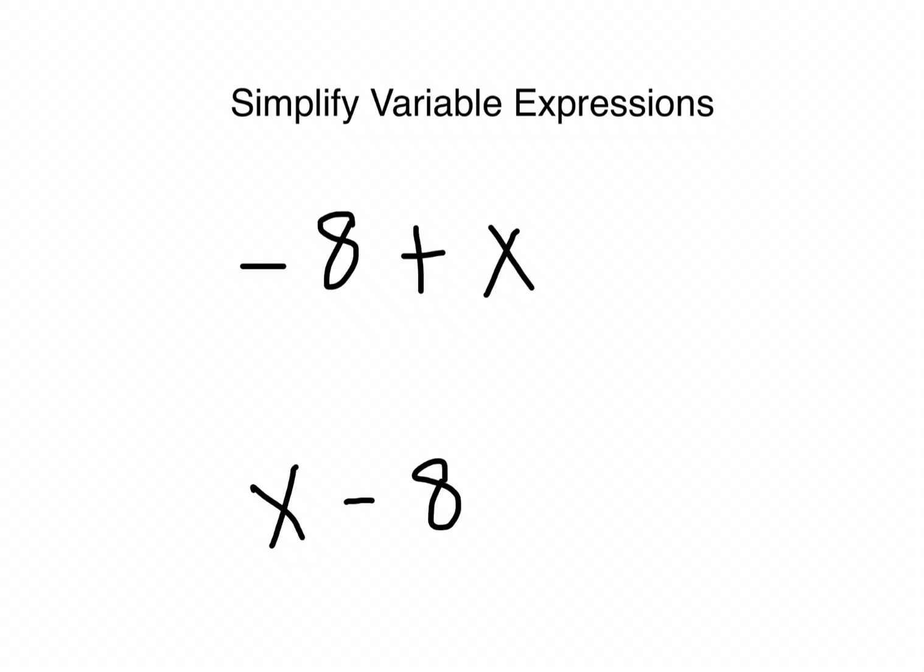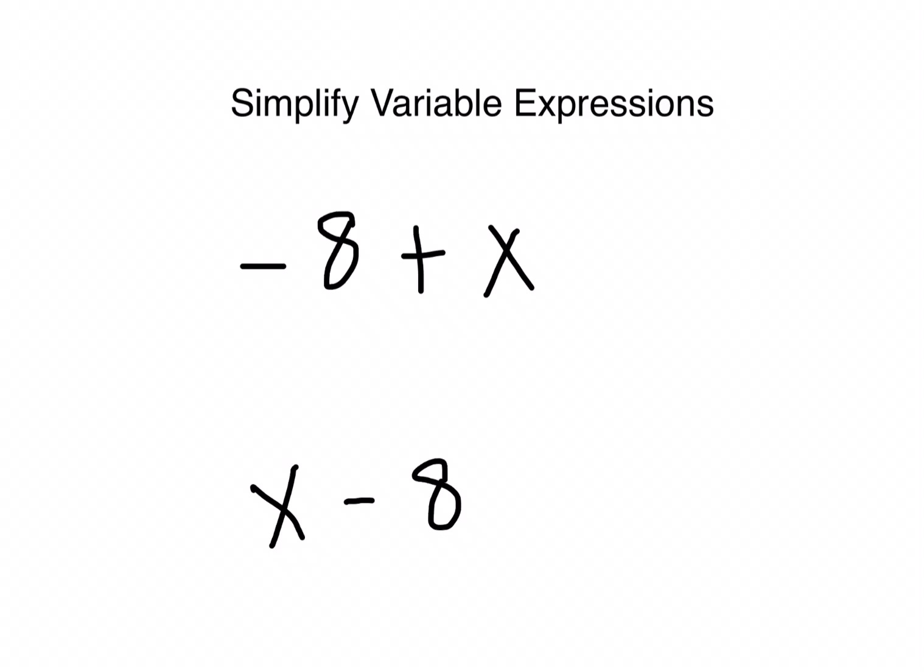Okay, these two things are still the same thing because this x right here is a positive x, and here it's still a positive x. We have a negative integer, negative 8, and it's still going to be here. So your variable is still positive x, and this negative 8 has to be negative.